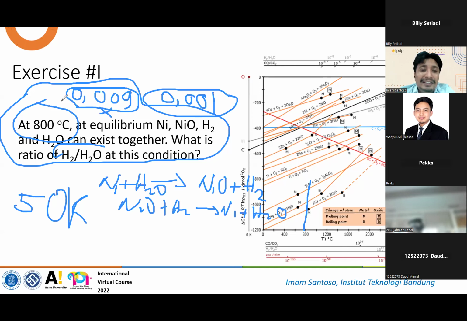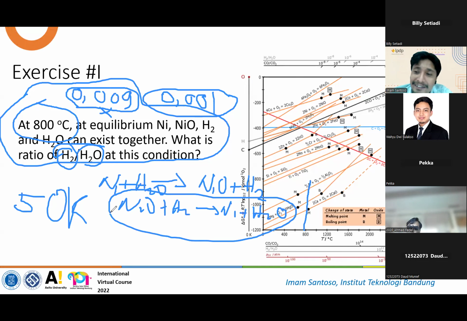I have more hydrogen, because 0.009 compared to 0.001 is bigger. It means the hydrogen is now bigger. So the reaction has to reduce the amount of hydrogen, or the water is less. You need more water, you need less hydrogen. Then this reaction will happen. Right? Okay, fine.